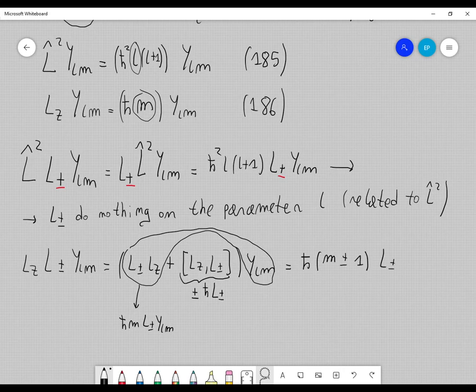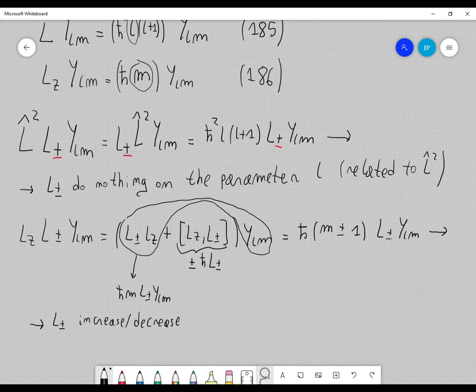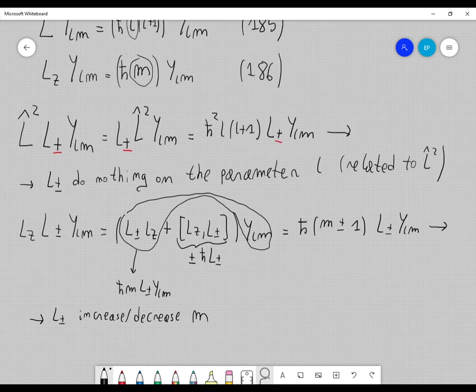What this means is that L plus or minus increase or decrease M according to the plus or minus. That's why we use the notation L plus or L minus, because they increase or decrease the value of M. So we have some kind of ladder of states.